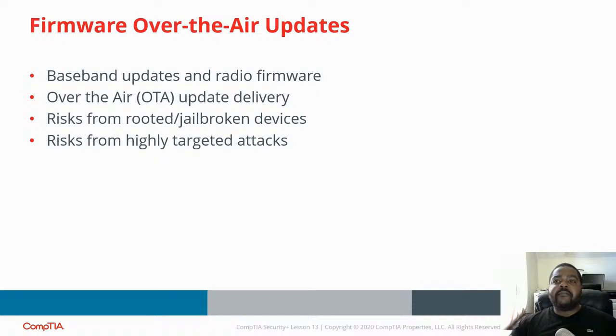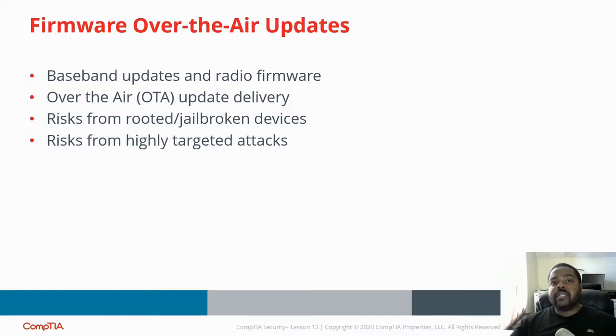So overall, we want to make sure that we have our mobile devices patched as much as possible, to ward off any type of vulnerabilities that may be on our mobile devices. Just like how we want to take care of our PCs and our laptops and servers, we want to take that same approach when it comes to the firmware on our actual phones. When Android and Apple say, hey, we have updates ready, it's for security reasons, and for functionality as well.